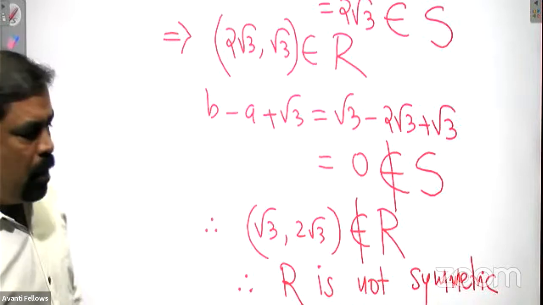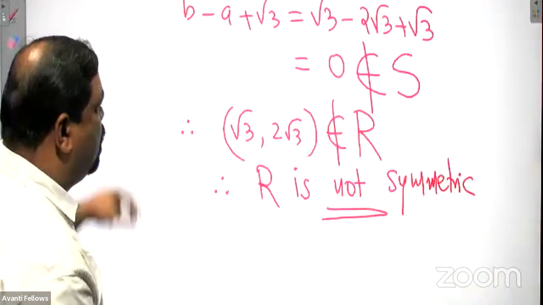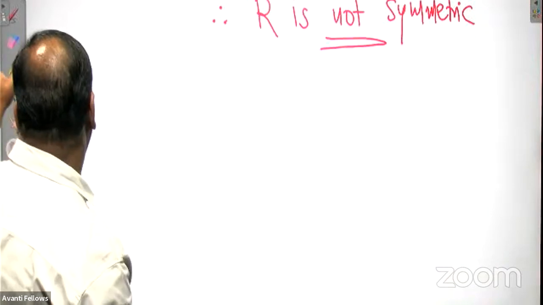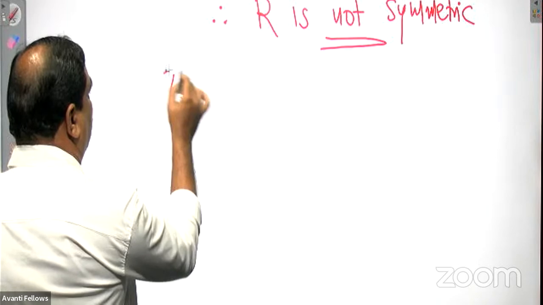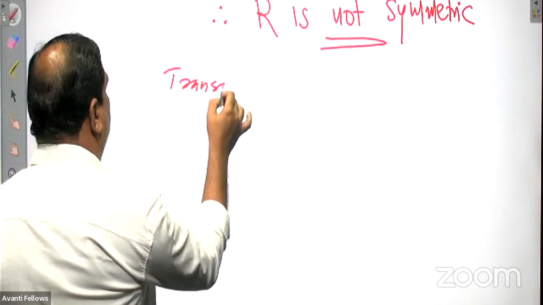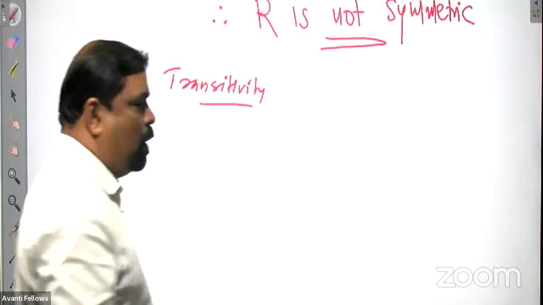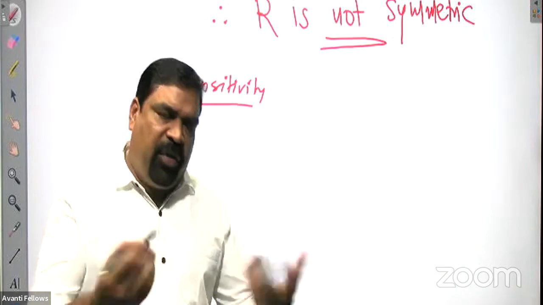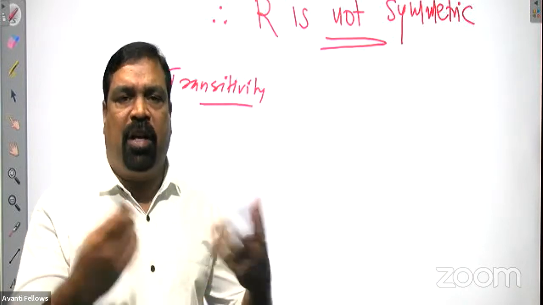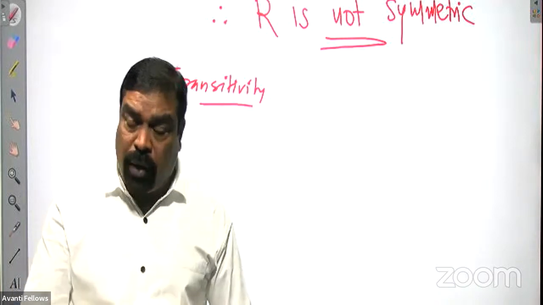Okay. Now what about the transitivity? Third one. Check yourself. Can you give a counter example where it is not transitive? Try yourself.